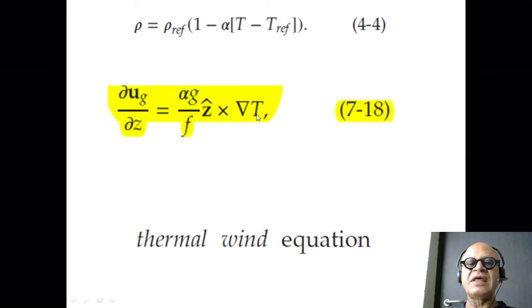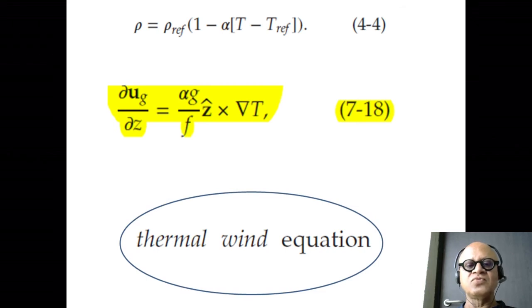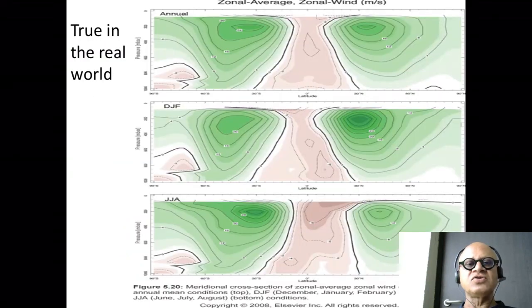This is where the name thermal winds come from. Thermal winds, horizontal temperature gradient giving us vertical velocity gradients. Okay, very cool stuff, right? So this is the thermal wind, and that's where we got our vertical shear, right? So we have vertical shear. So these are the thermal winds.